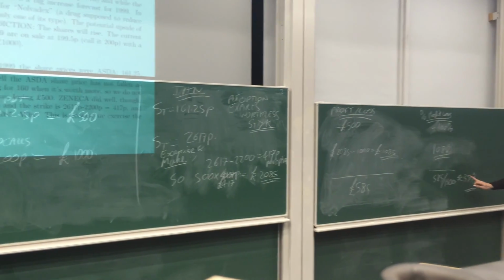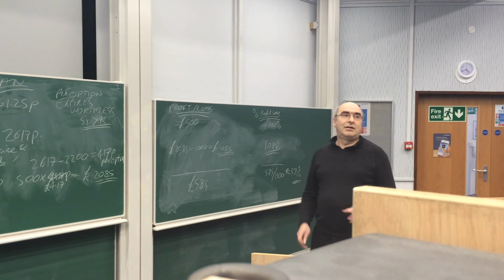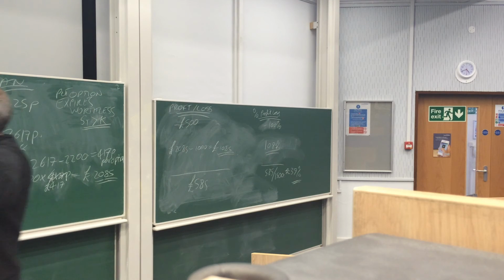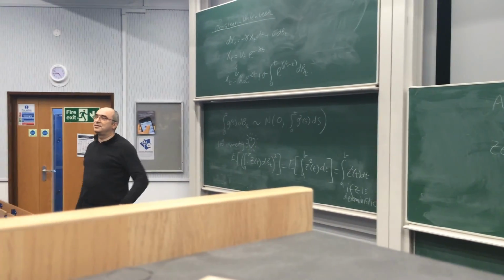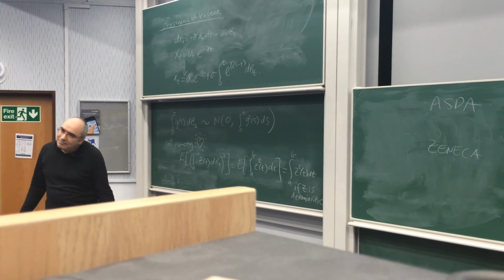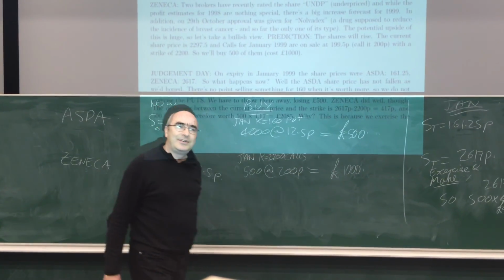I've got 585 over 1,500, which is about 39%. So I could have put that money in the Yorkshire Building Society and got 1.5% in an ISA. Or I can play games on the stock market and get 39% return. Okay. Depends on how risky you like to be.